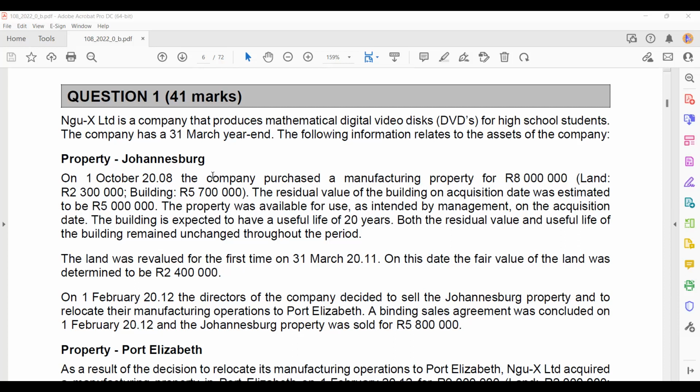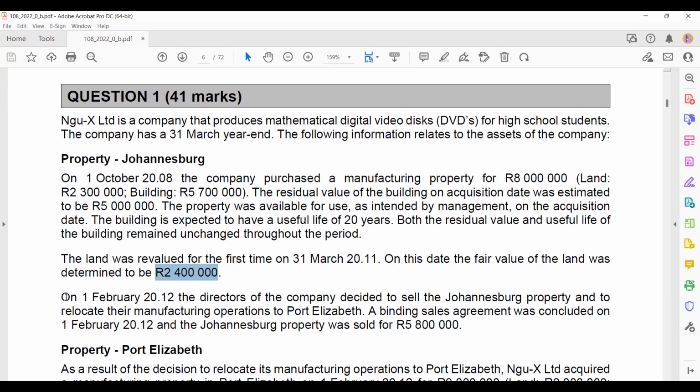So you can see there must have been a revaluation gain of 100,000 Rand. The cost price of the land, 2.3, has been revalued to 2.4, so that means there must have been a 100,000 revaluation gain.